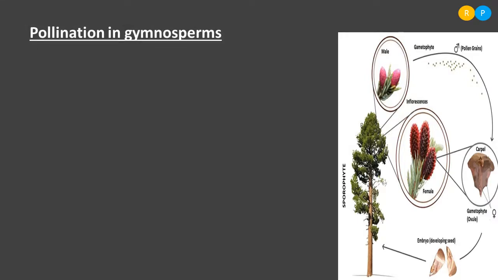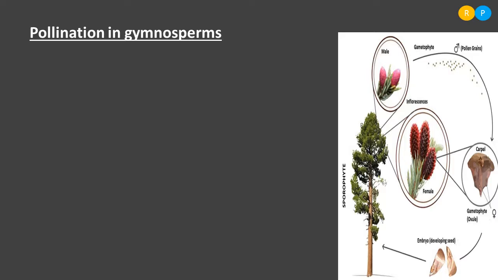The male cone is ready with the pollen grain and the female cone is ready with the egg. The egg is ready within the female gametophyte. So what is the next process? The next process is pollination. What do you mean by pollination? When the male cone is ready with the pollen grain, it needs to be carried towards the female cone.